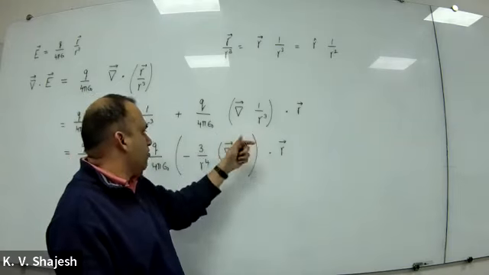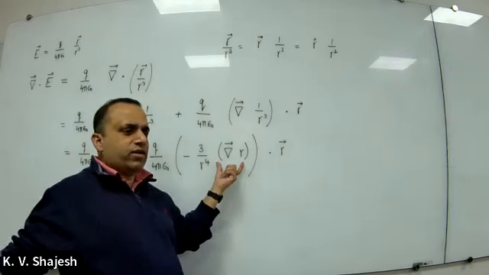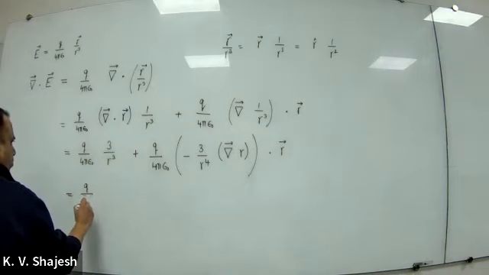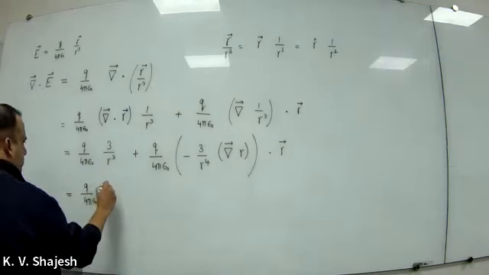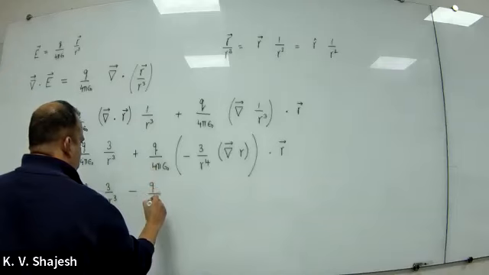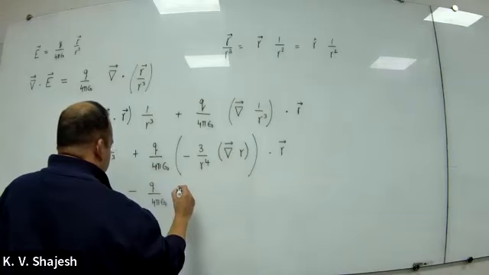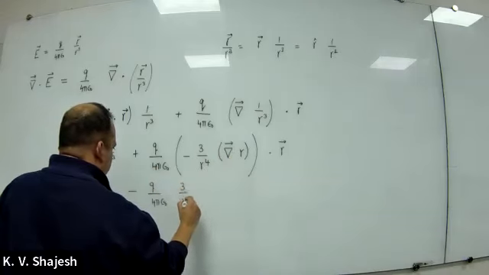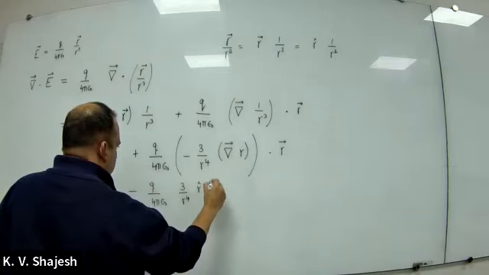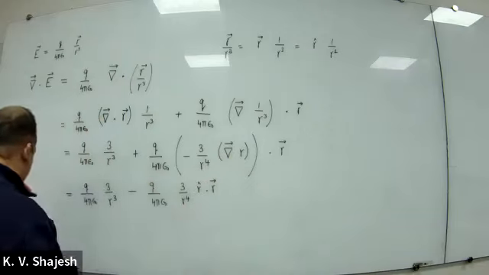But then I have to hit the function itself, that's this, and this I know how to do. That I've evaluated. So this is equal to q over 4 pi epsilon naught times 3 over r cubed, minus q over 4 pi epsilon naught times 3 over r raised to 4, that's r hat dotted with vector r. The magnitude of r itself goes away, and this is equal to 0.